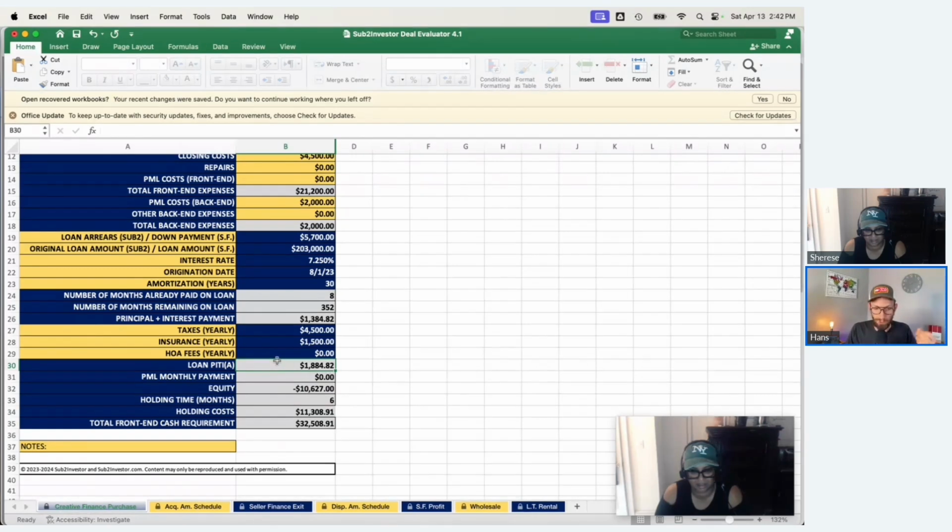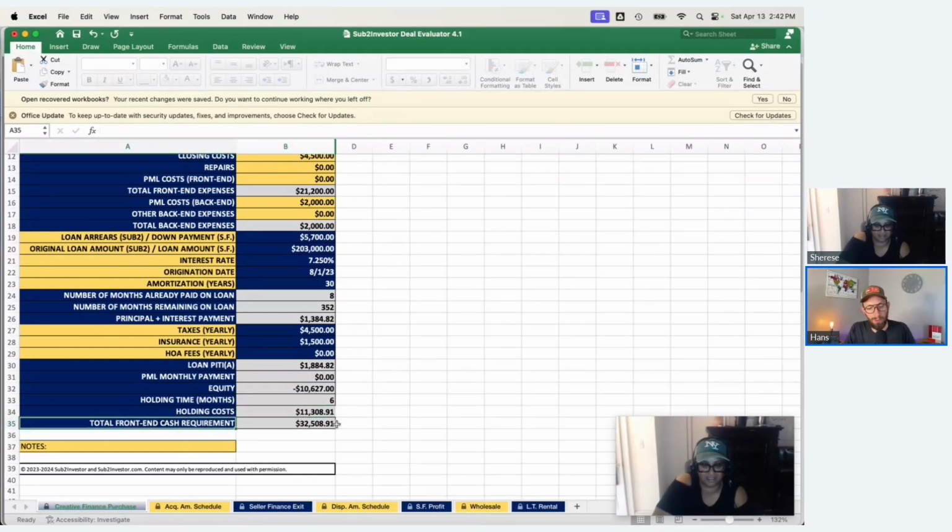And if this house takes you 6 months to sell, which is on the long end of what's typical, but just to be conservative, you want to make sure you borrow enough to cover what you need in that time that you're marketing it to sell. So if you sell it in 2 months, great, you save yourself money. But if it takes 6 months, you want to make sure that you have the money to pay that mortgage. And so this holding cost spits out 6 months worth of mortgage payments.